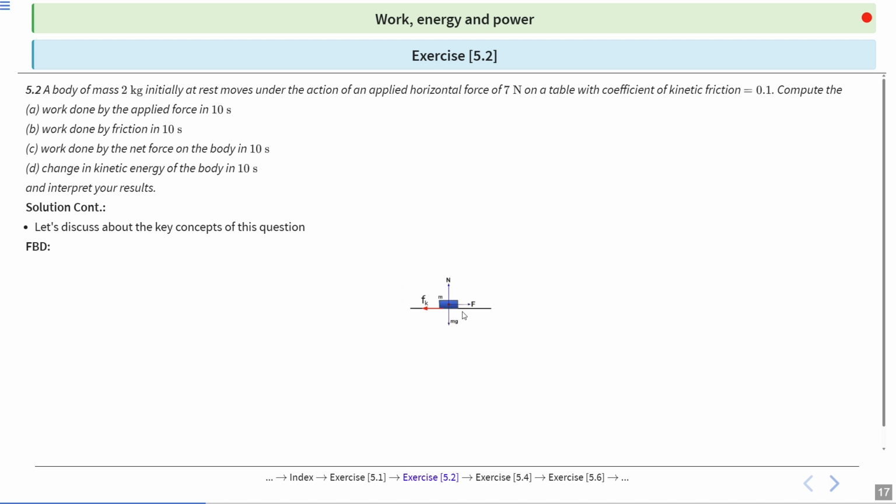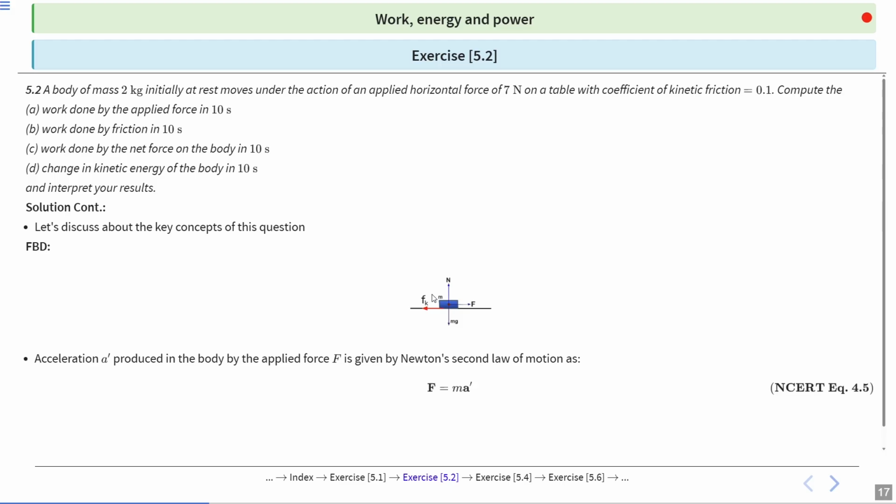Suppose the applied force is F, and the kinetic frictional force acts in the opposite direction of the motion, with coefficient of kinetic friction 0.1. Now the acceleration produced in the body by the applied force F we can calculate using Newton's second law of motion. According to Newton's second law, F is equal to mass times acceleration, where m is the mass of the body. Clear?